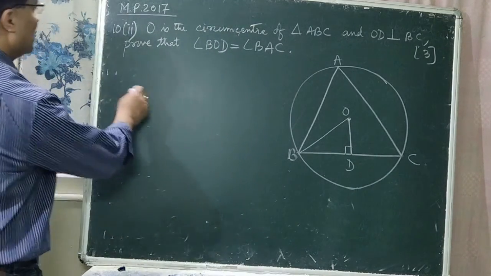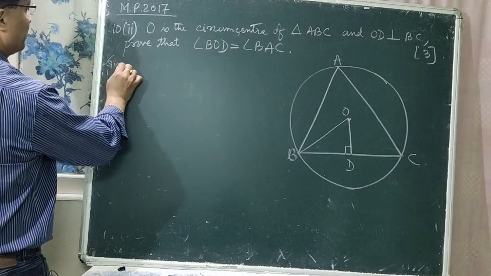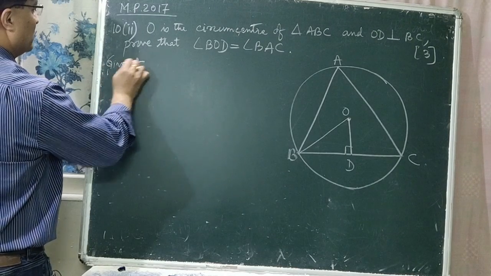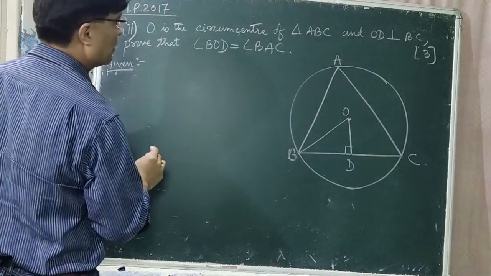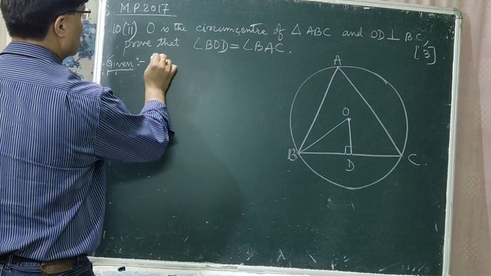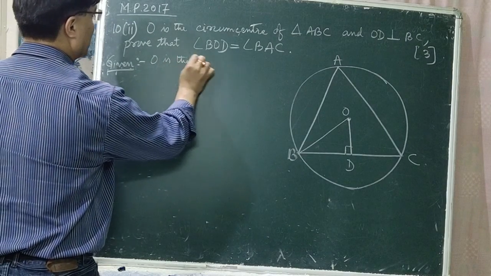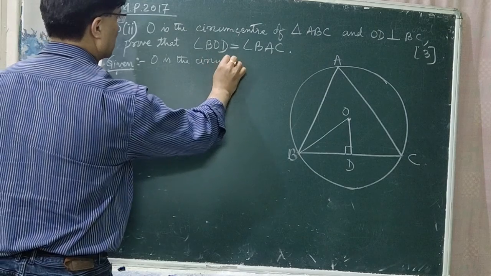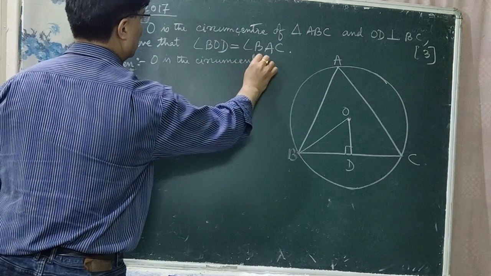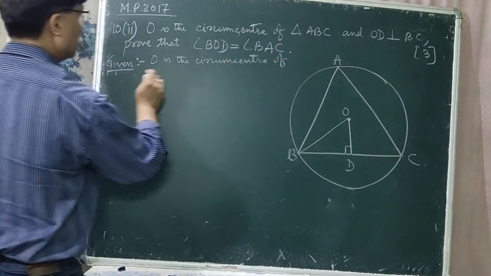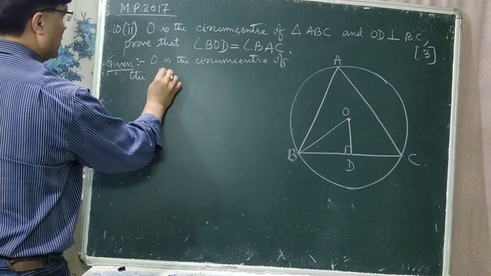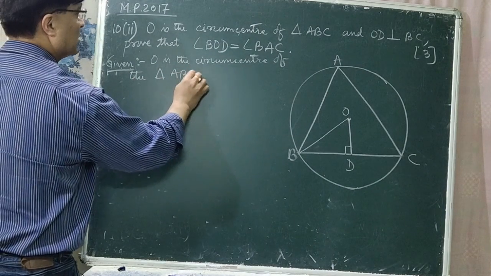So let us prove it. What is given out here? Given here is O is the circumcenter of the triangle ABC.